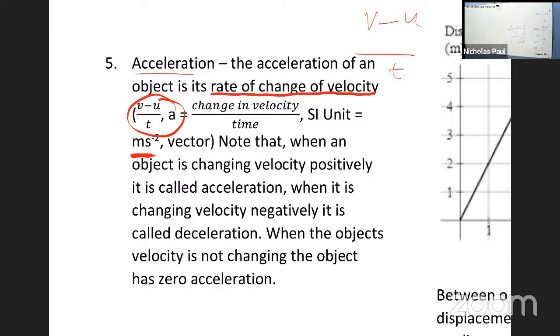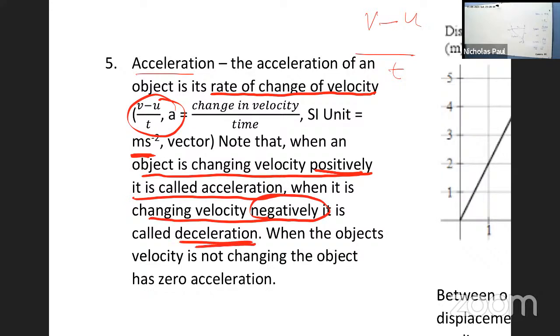All right. The next thing that we need to know is that when an object is changing velocity positively, it is accelerating. When the velocity is changing negatively, it's called deceleration. So if you have a man here running, and he ran from 4 meters per second to 6 meters per second, what would you say?